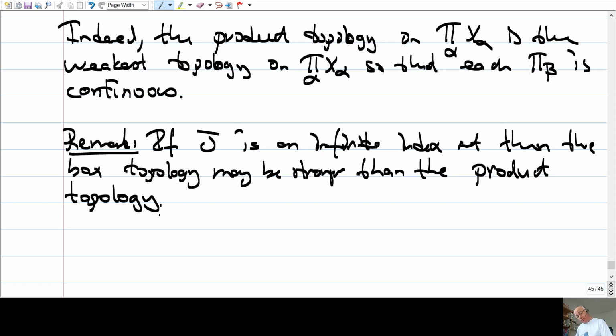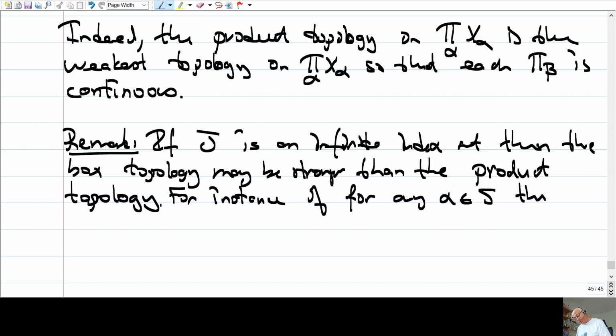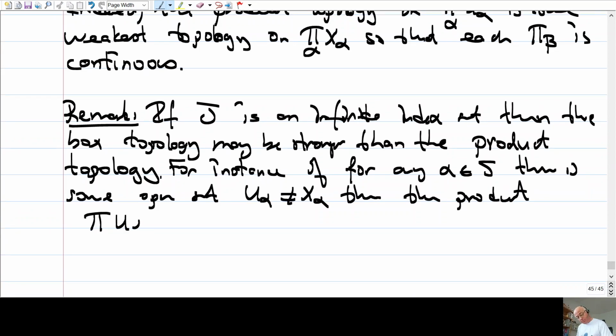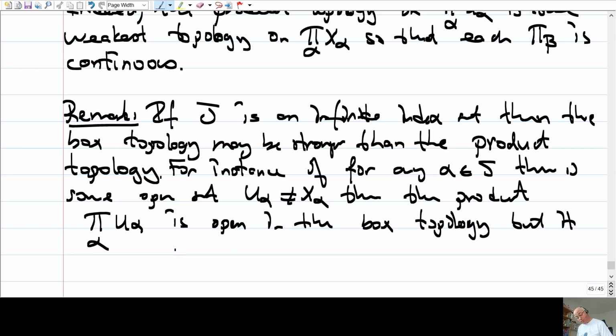for instance, if for any alpha in J there is some open set, let's say U alpha different than X alpha, then the product of the U alpha is open in the box topology, but it is not open in the product topology, right?